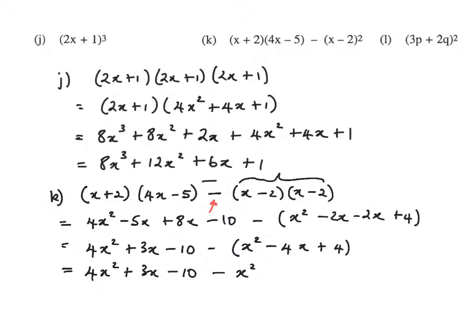Minus x squared, so this is like multiplying the bracket by minus 1, minus x squared plus 4x plus 4, I beg your pardon, minus 4, so the signs all change in the bracket, and that's 3x squared, 3x plus 4x is 7x, and minus 10 minus 4 is minus 14.